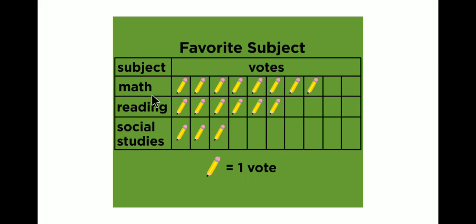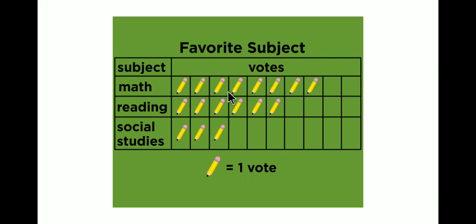So for mathematics there were 8 students. So 8 is represented by the picture of a pencil. Instead of pencil you can draw a human figure, using a simple human figure with a circle and a stick. You can draw that also, or here we have used the picture of a pencil.